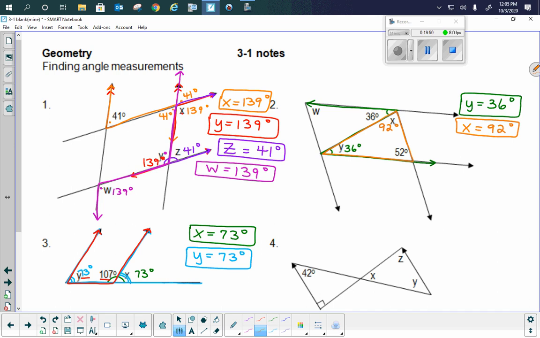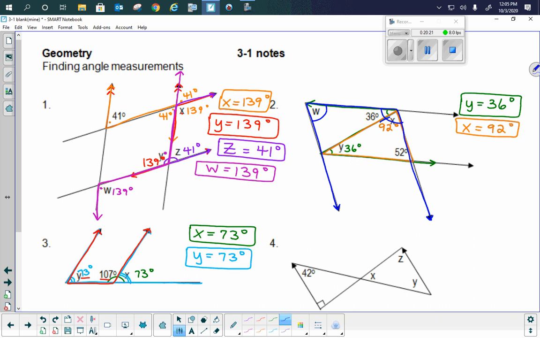Next, I need W because that's the last thing that's left. I see that W is an angle inside of this upside down weird looking C with the appropriate parts having arrows, so parallel. And therefore, this angle and this angle that I'm marking differently are supposed to be supplementary.